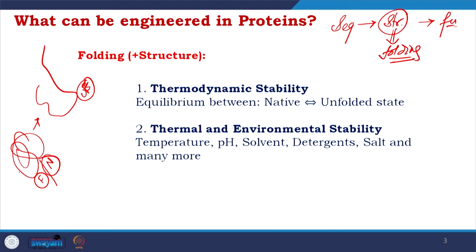A protein has a primary sequence, the protein sequence, which is made by covalent bonds. Then the protein folds, where we get the structure by non-covalent bonds.